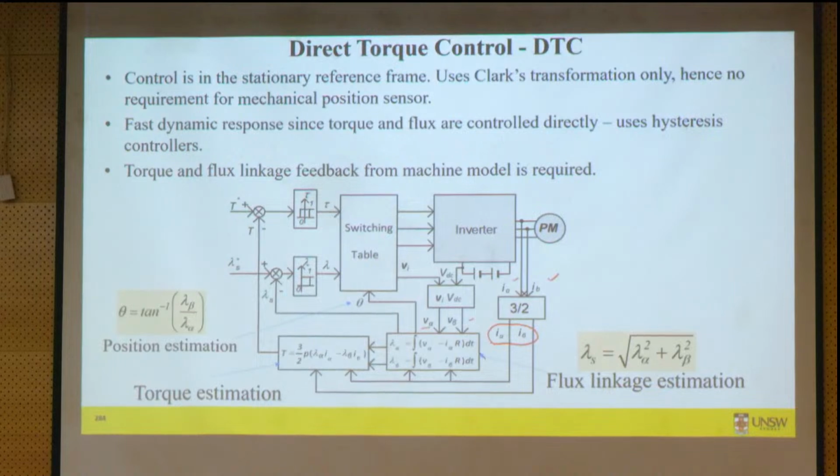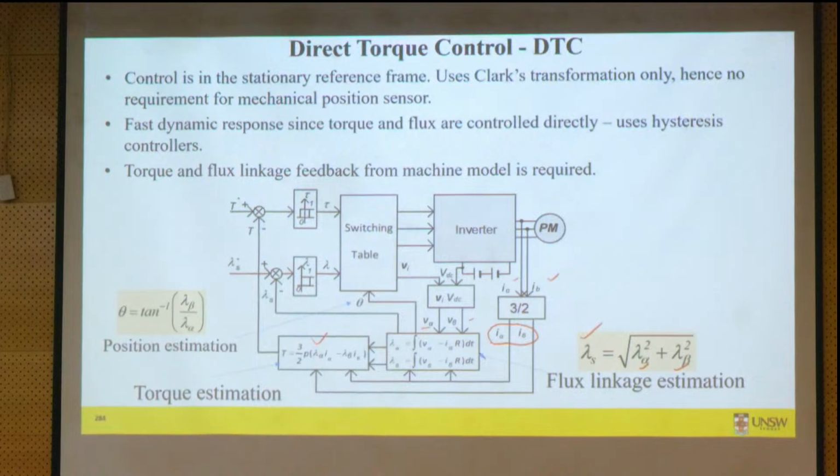We can also estimate the flux, because the resultant flux linkage lambda is the square root of the sum of squares of lambda alpha and lambda beta. And this becomes your feedback signal for the torque controller and the flux linkage controller.